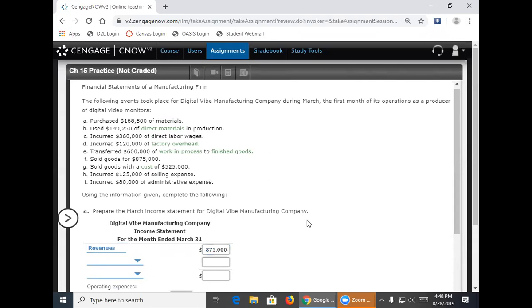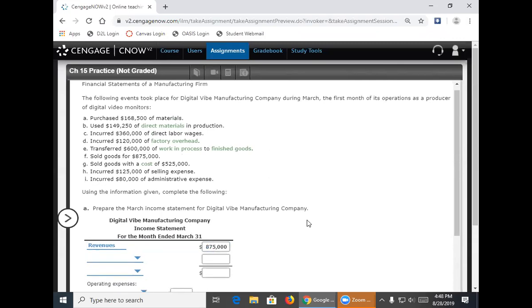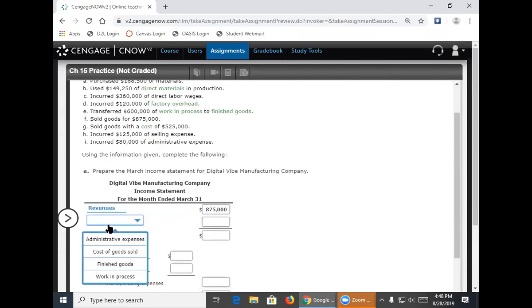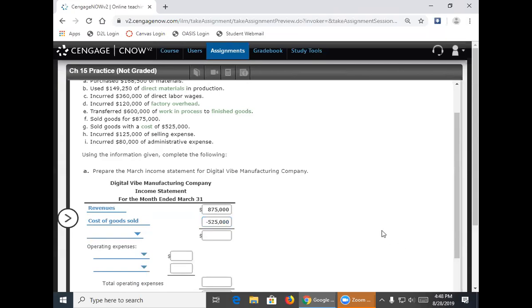And then, thankfully, it tells us in part G what the cost of those goods sold were. So we don't have to go in and calculate it all, which again we'll do in another exercise. But they actually give it to us. They said sold goods with a cost of $525,000. So they gave us the cost of goods sold. In that case, on line 2, we're just going to subtract out our cost of goods sold. And I like to put it as a negative. It doesn't require you to, as you can see. But it is coming out.